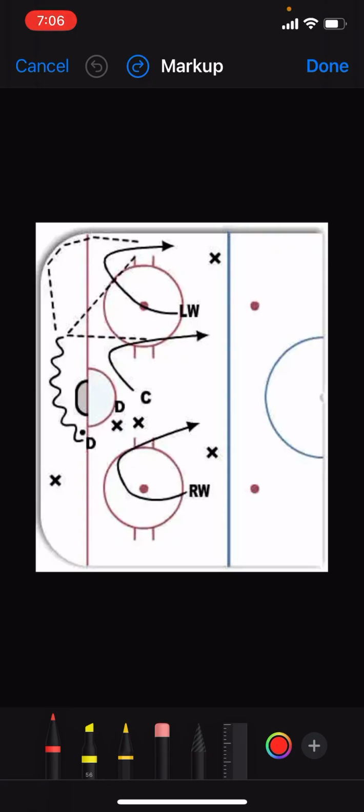So a point of detail: we skate down the dot line, we pivot, we turn backwards now and skate up the wall, and our stick, especially if we're left-handed, which we probably are going to set our wings that way, will be out towards the wall. It makes it really easy. I've got this rim pass, I've got this pass.